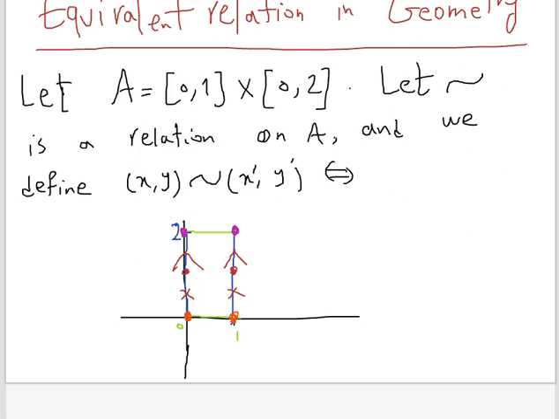Tell me what I get. Tell me, our relation, what is it? Can you tell me? I explain it again. We have a rectangle.